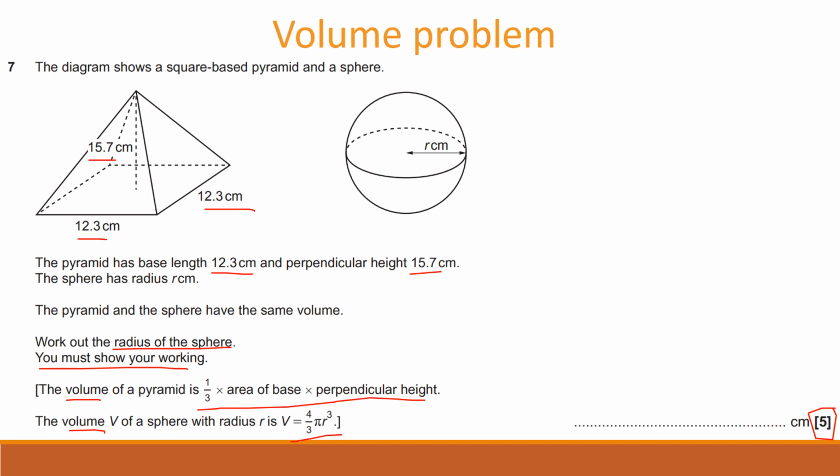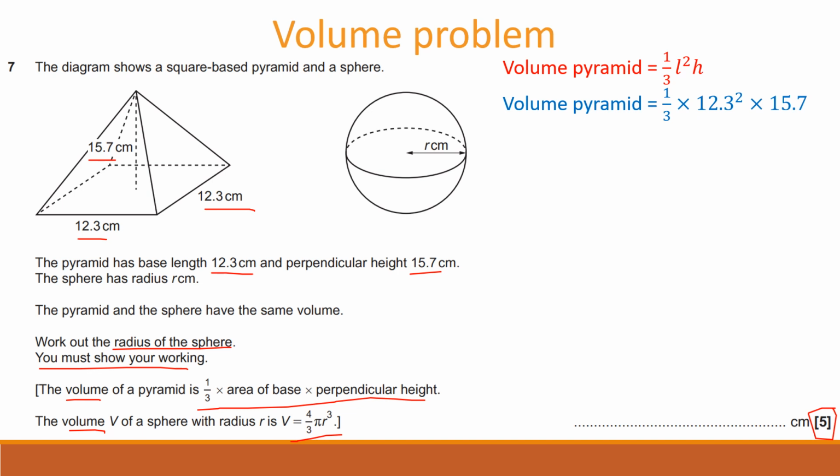Now the volume of the pyramid is the one we've got most information for to start with, so we will start there. We're told the volume of the pyramid is 1/3 the area of the base times the perpendicular height. Specifically for this square base pyramid, the volume is going to be 1/3 times the length squared times the height, because the length is the same in both directions as it is a square.